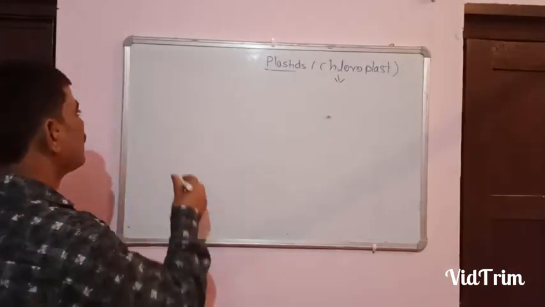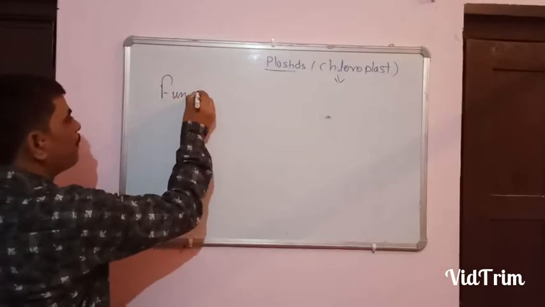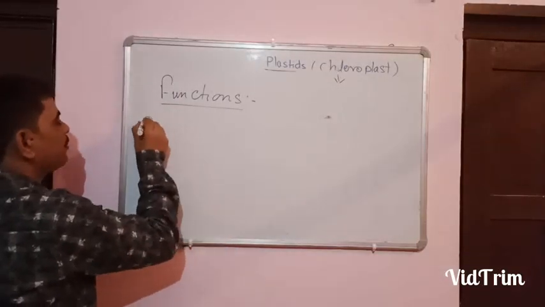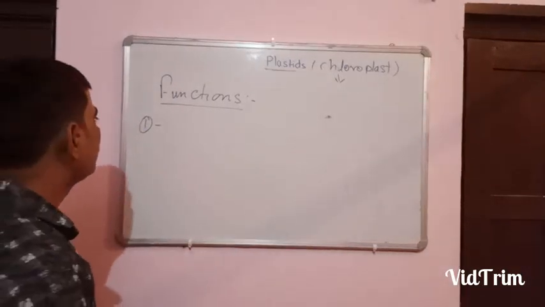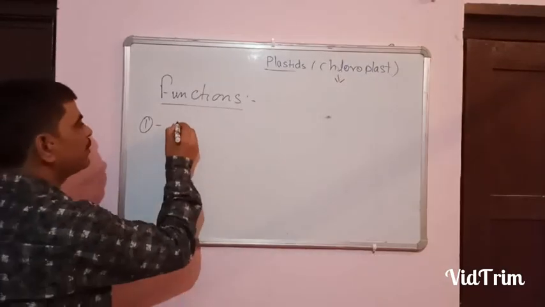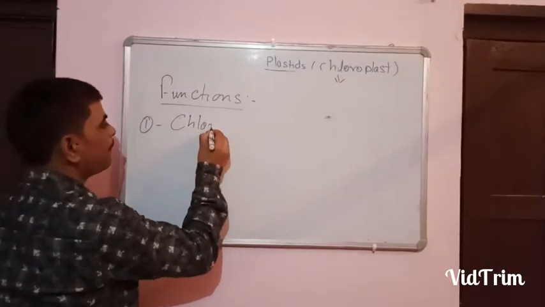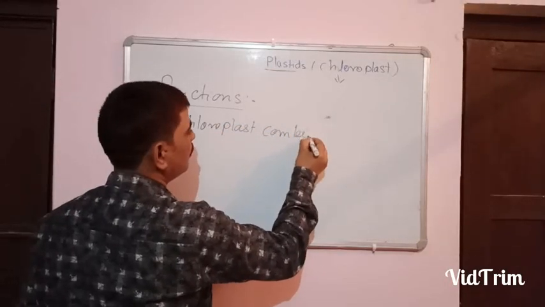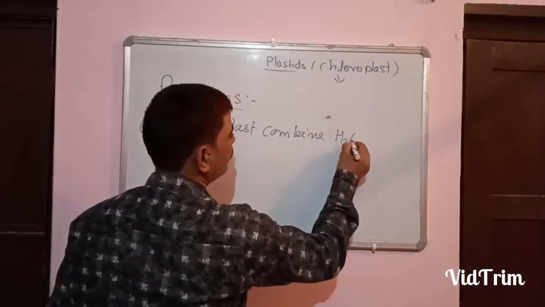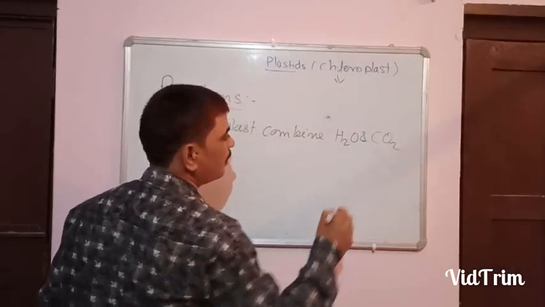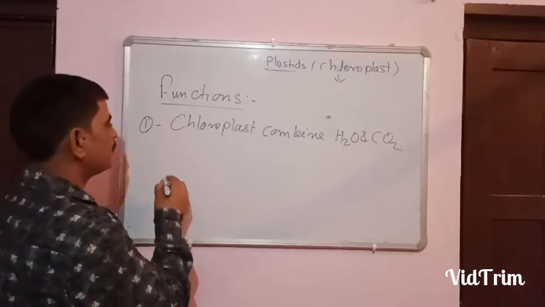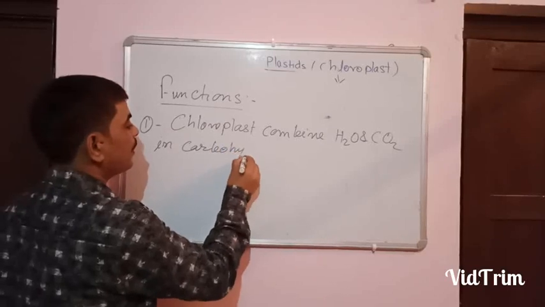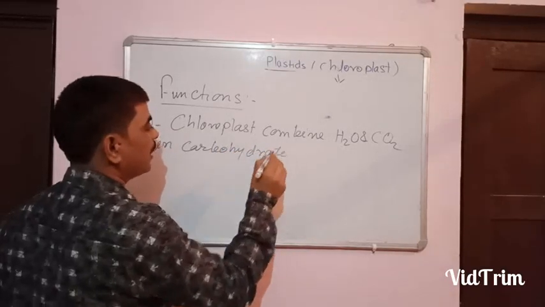Functions. First, they do photosynthesis, which means the chloroplast combines water and carbon dioxide into carbohydrate. Carbohydrate is an organic chemical.